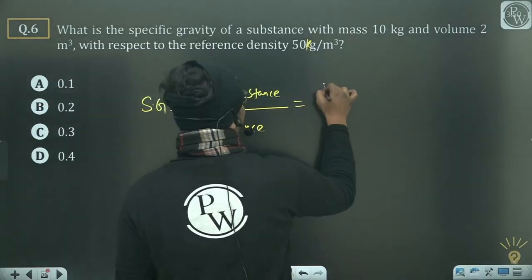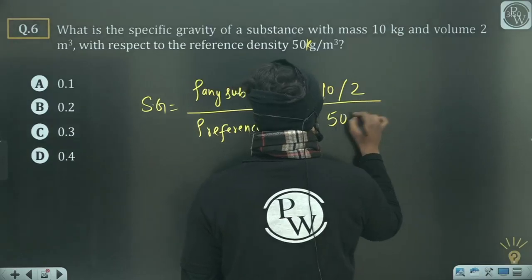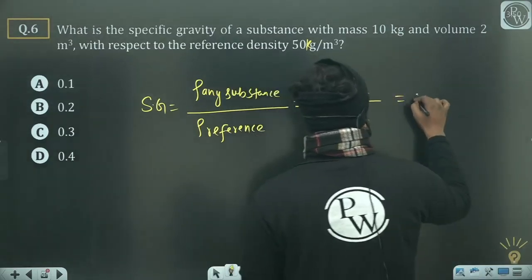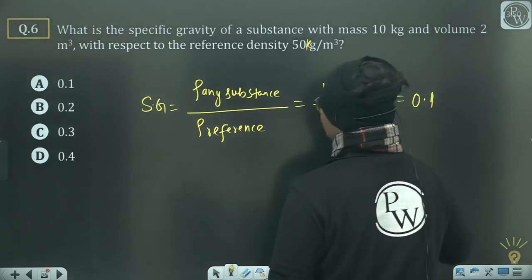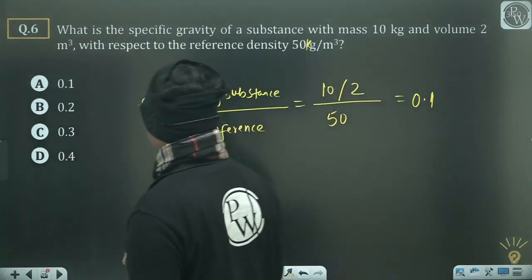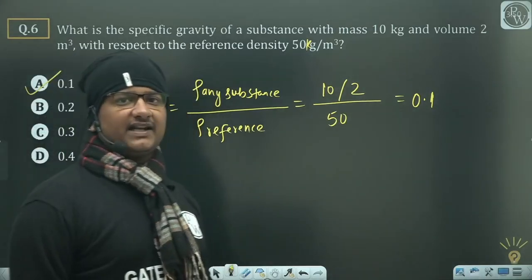So we have 10 kg divided by 2, divided by 50. So it will be 5 by 50. It will be 0.1, not kg, only 0.1. Option A will be the right answer for this question. Is that clear?